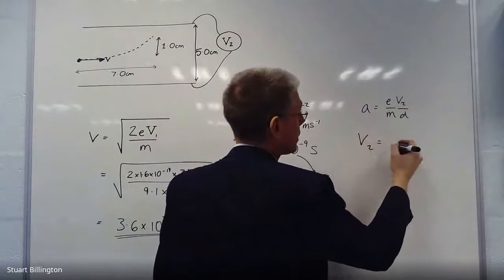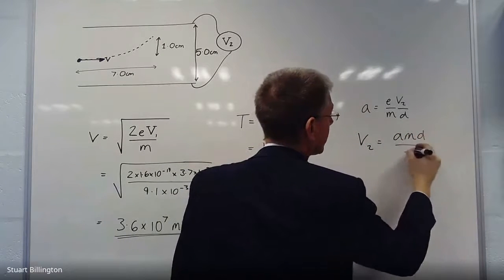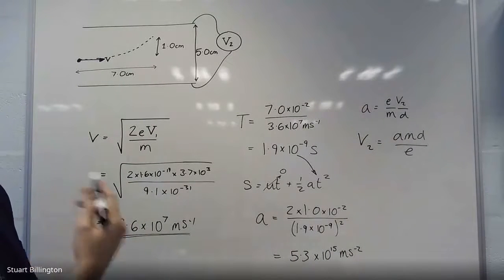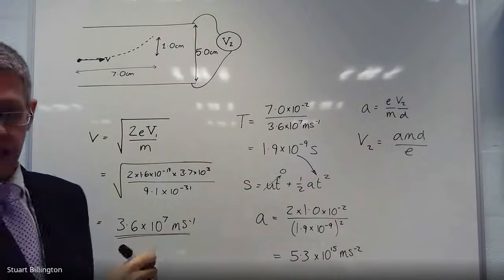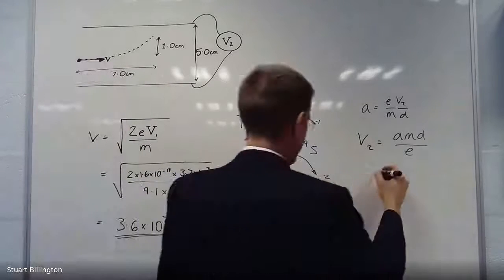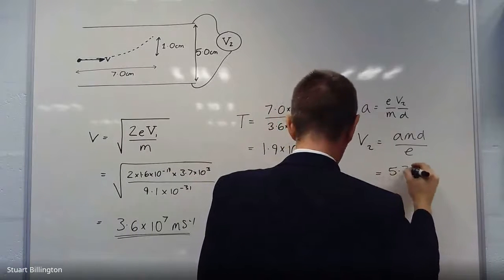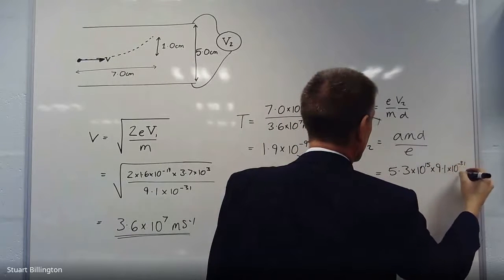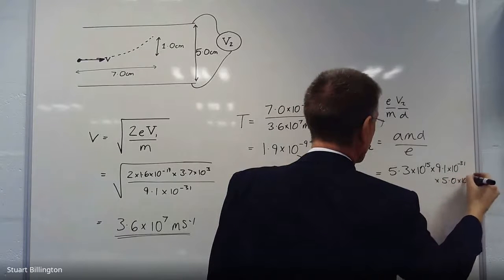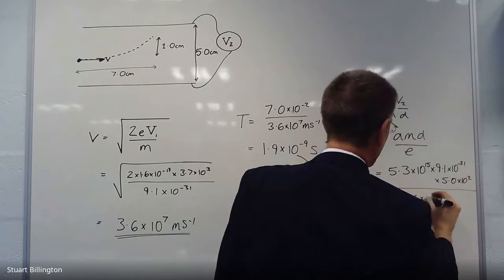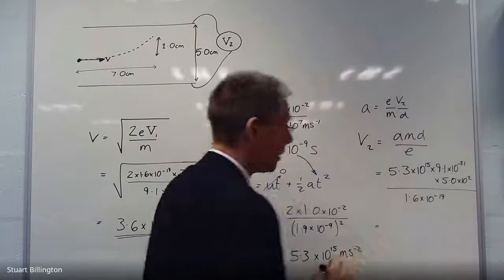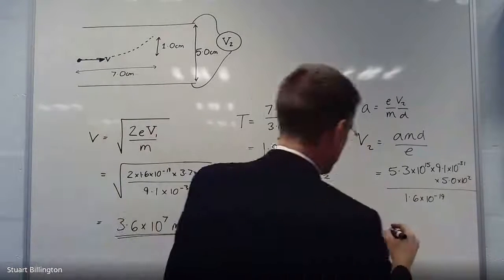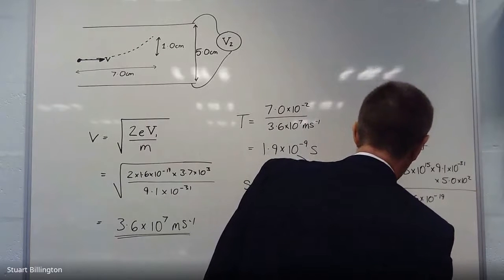So if we rearrange it to get that, where m is the mass of the electron, q is the charge on the electron, d is the separation of the plates, which is 5 centimeters, and a is the acceleration. And when you put all of those numbers in and turn the handle, the answer comes out at 1.5 kilovolts.